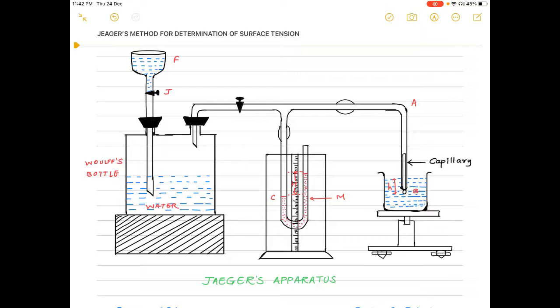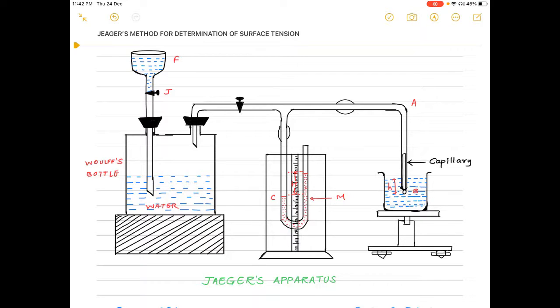Now, the apparatus which is used to determine the surface tension by using Jaeger's method is as you can see on the screen. We will see in detail how it works and how it is used to determine the surface tension of water or any other liquid that we want to find out.